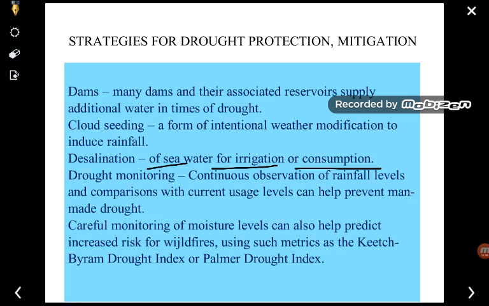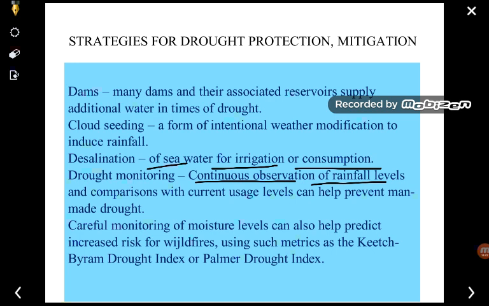Next, drought monitoring. So this is the one thing which we can do or we can consider in mind for the mitigation measures, that is continuous observation of the rainfall. Rainfall जो हो रहा है उसका continuous हर साल का observation होना चाहिए, and comparison with the current usage level, मतलब हमारा use कितना है उसके अनुसार कितना rainfall हुआ है और हर साल का कितना रेनफॉल है.